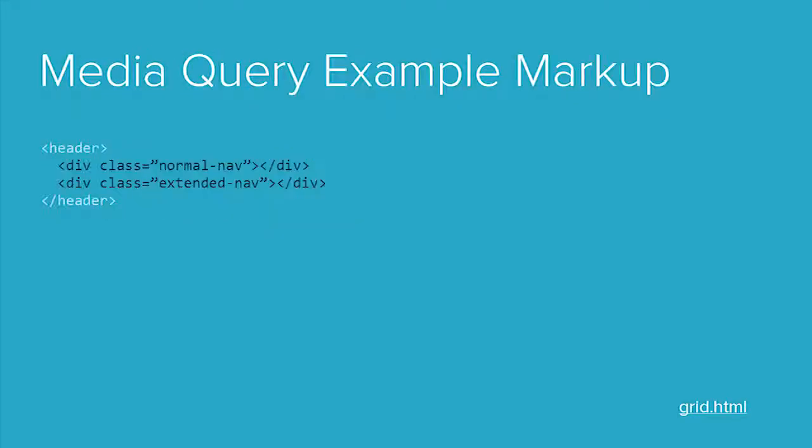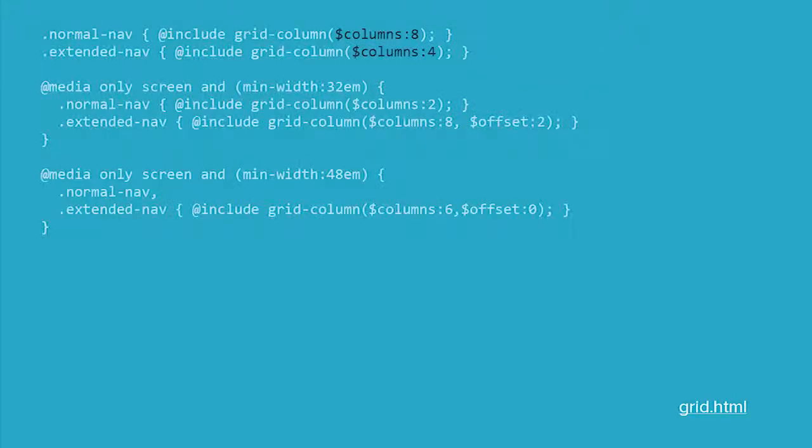So here's an example of media query markup. Again, it doesn't really look any different. All the styling is done in SCSS. At the top, we have just our normal mobile first default columns, so 8 and 4.